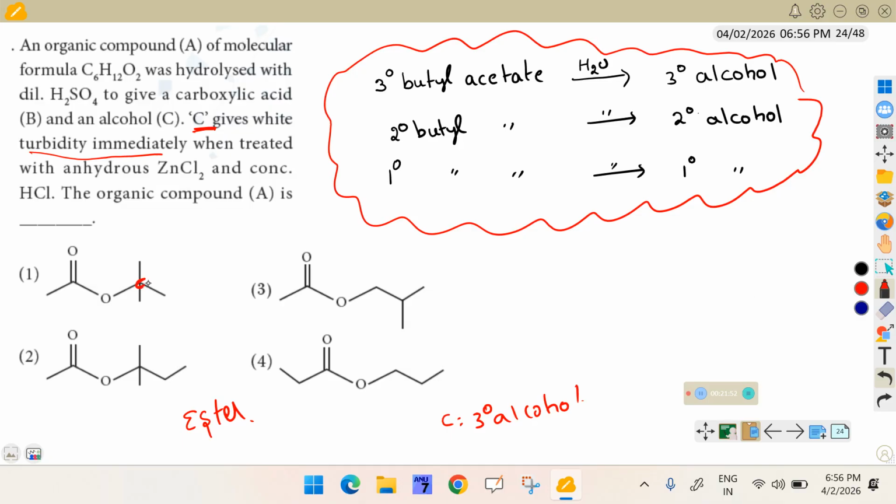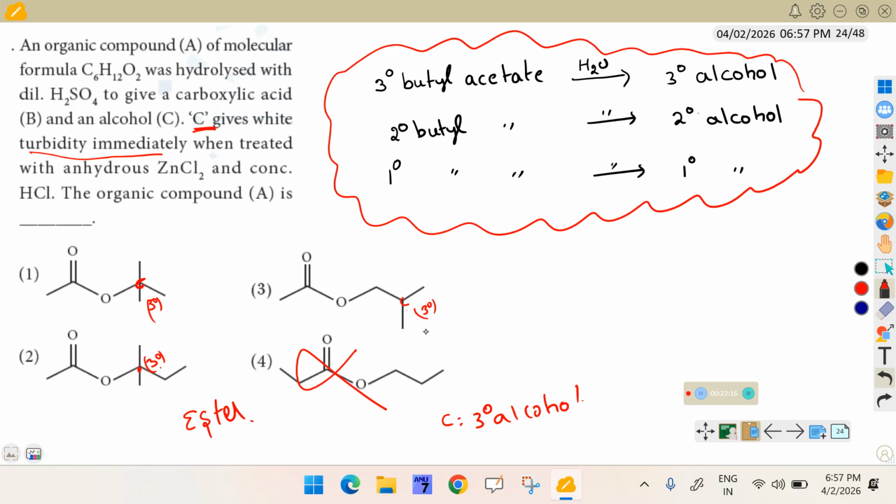This 3-degree carbon atom is present. This is also a 3-degree carbon. Here any 3-degree carbon? Sorry, this is 1. This is also 3-degree. This is 2-degree. So straight away remove the fourth option. After that, 3-degree butyl acetate gives 3-degree butyl.